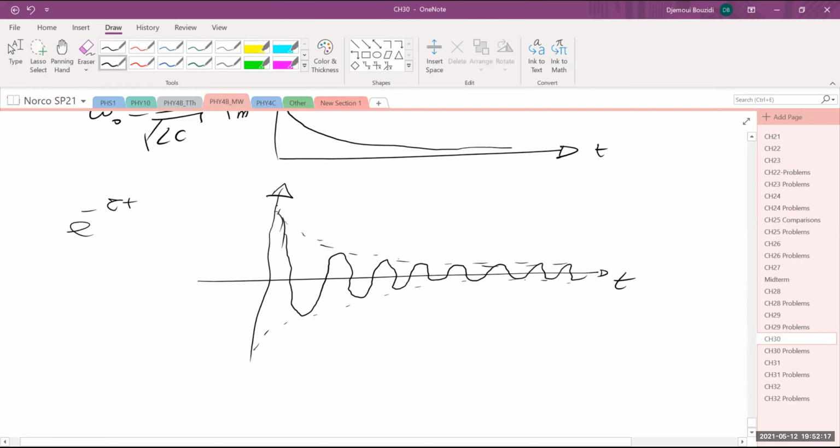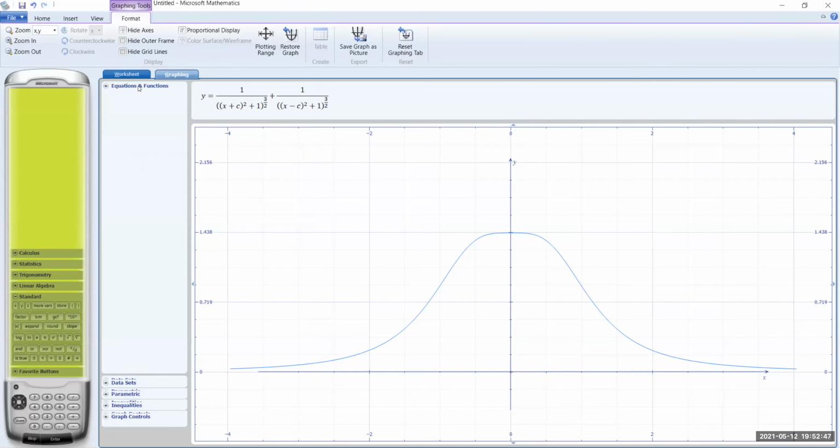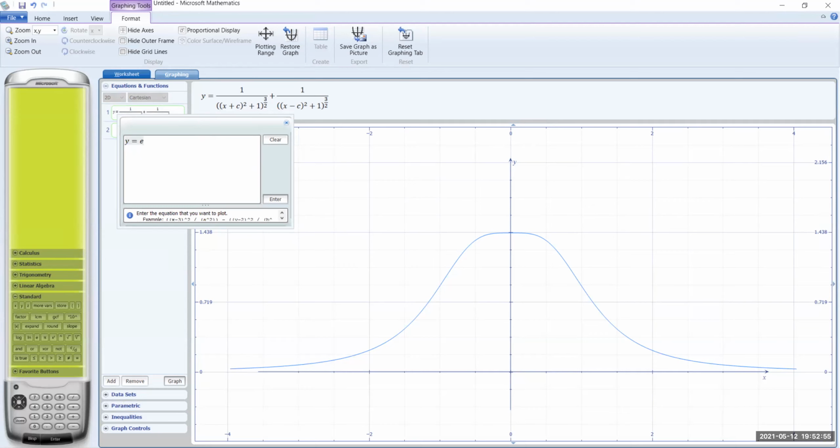I'm going to share with you this one in here. I'm going to go to the equations and delete this equation. We're going to just write it as e to the power, open parentheses, negative, coefficient tau.